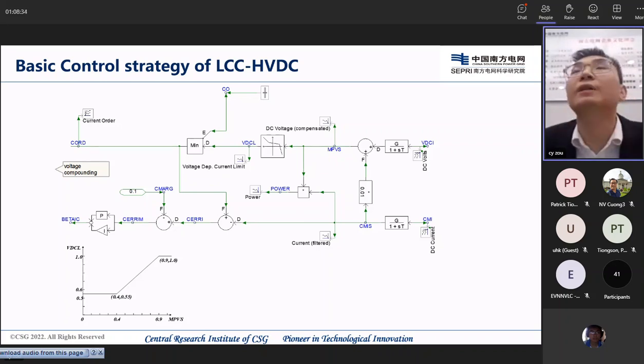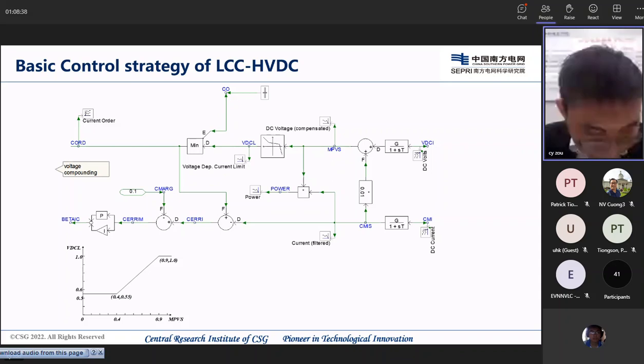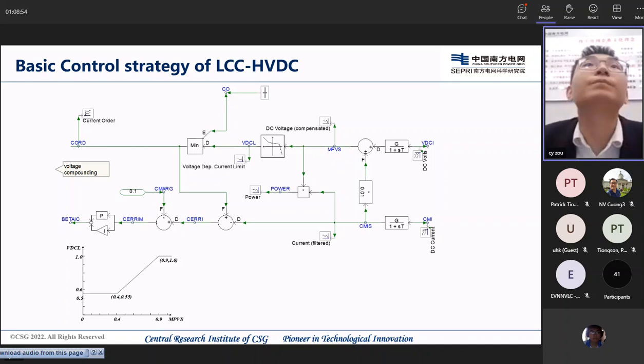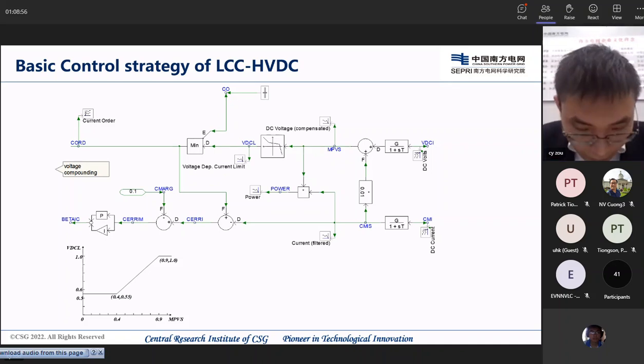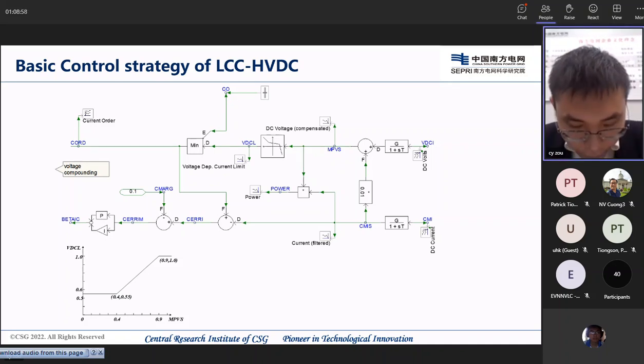If the current is high, then the voltage at the receiving end will be lower. The other one is multiplied with MPVS to calculate the power value in per unit. The last one is used to compare with the current order, CORD. The differential between them is the signal of the current error.